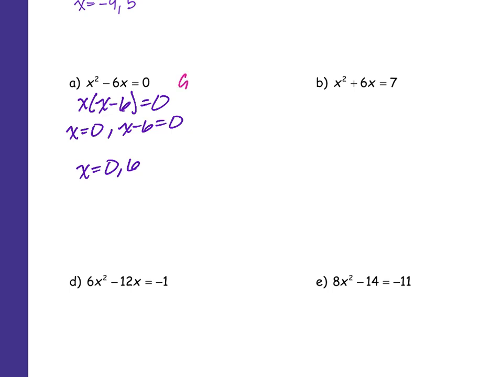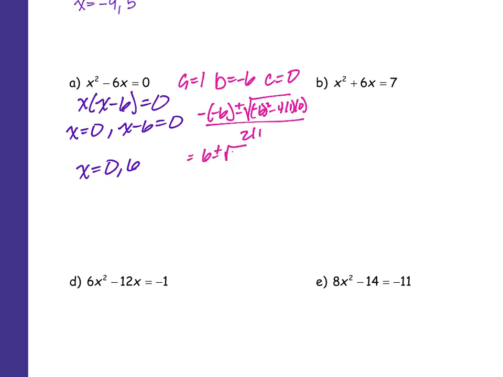So A equals 1, B equals -6, and C equals 0. Right? So it's minus -6 plus or minus the square root of -6 squared minus 4 times 1 times 0, and it's always divided by 2 times 1, which equals 6 plus or minus the square root of 36 divided by 2.